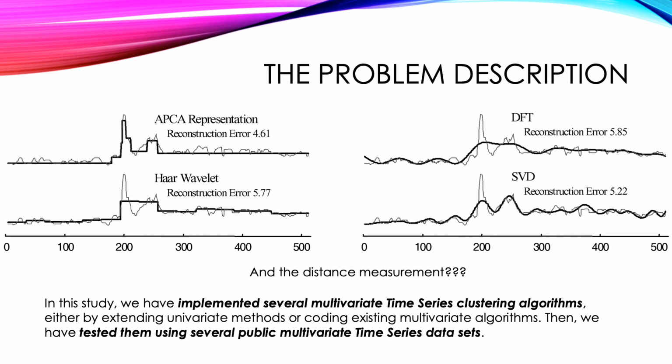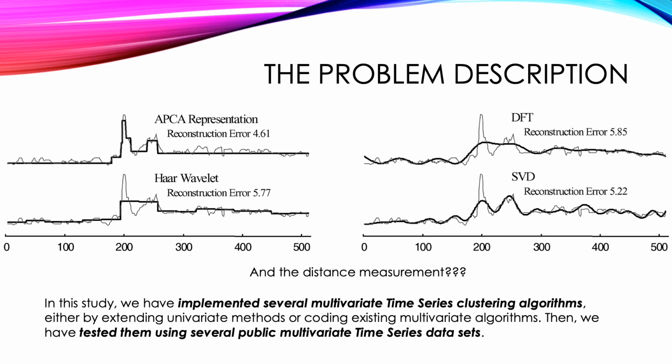So we have finally a square shape time series. The same happens with the Haar wavelet. We have the most representative time series vectors, and we make a combination of them, or we use a discrete Fourier transformation, etc. In each of the cases, we use a distance measurement that works well for the problem.